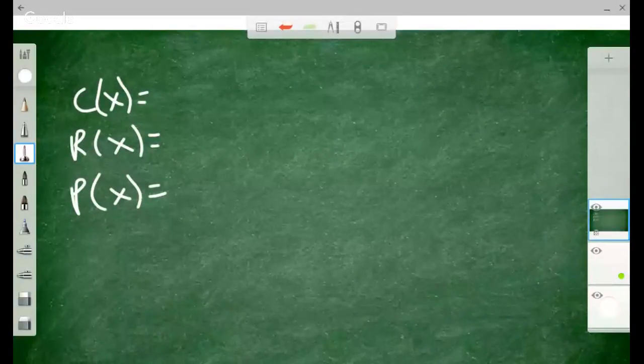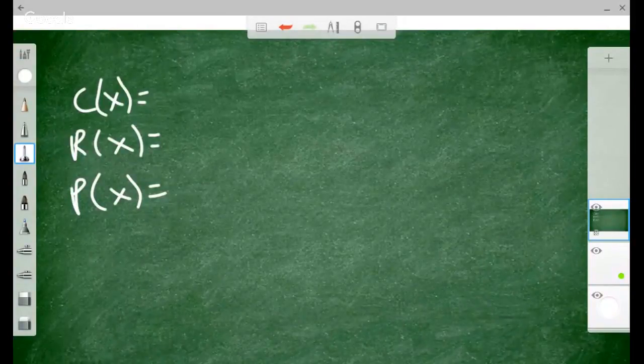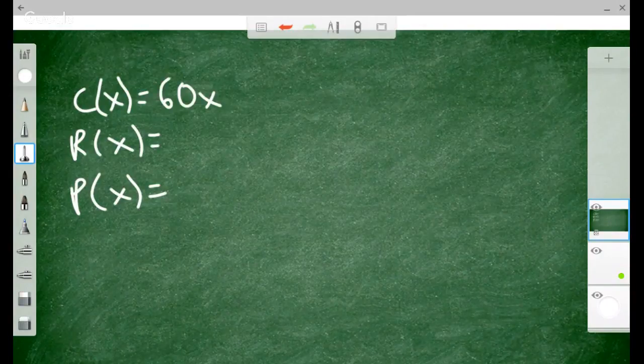So this problem said a manufacturer has a monthly fixed cost of $1,000 and a production cost of $60 per unit. So right away I know that my cost function will be 60x, $60 per unit, plus an additional $1,000 regardless of how many units I make, right? The revenue function is going to be based on the fact that each unit sells for $80.